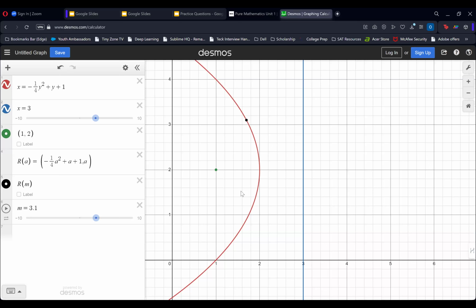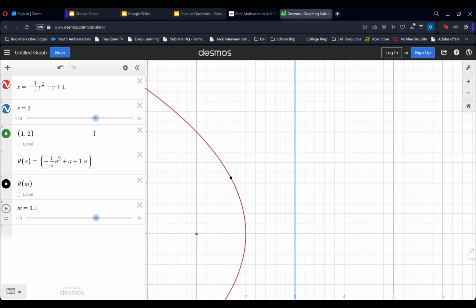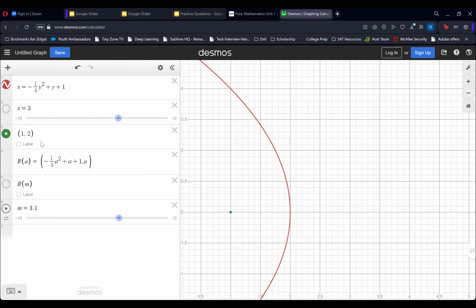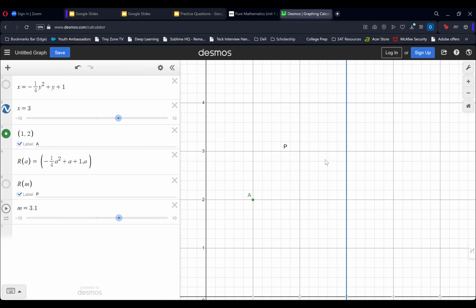Look at this, right? This is me explaining loci now. Before I even do anything else, the green point right here is A. This is the point A. We're then saying that this is the point P, and we also have x equal to 3 being this line.